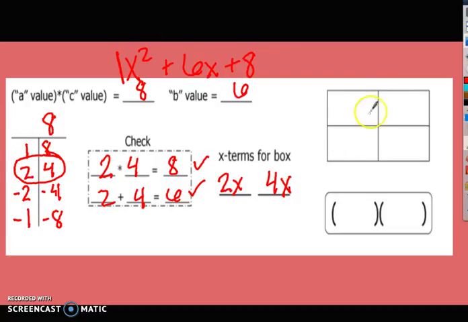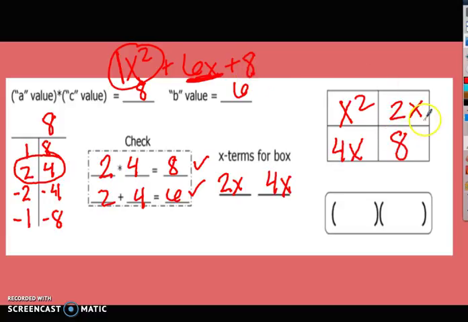Okay, so now I'm going to put everything in the box, and we're basically going to work backwards from how we used to multiply. So my first term is x squared. I've broken this 6x down into 2x and 4x. And now this final c comes in as 8. Okay, so now I look for my GCF.